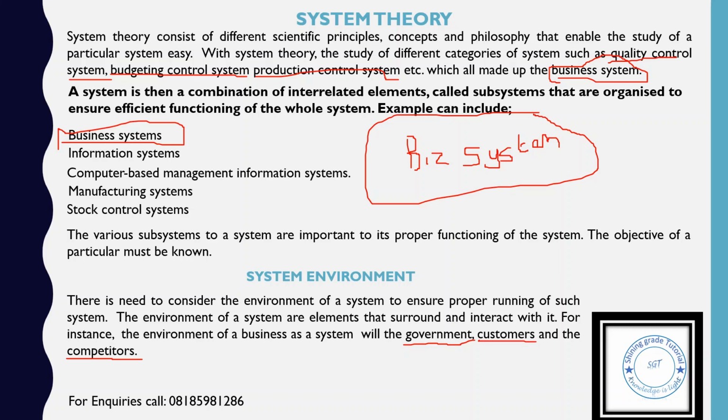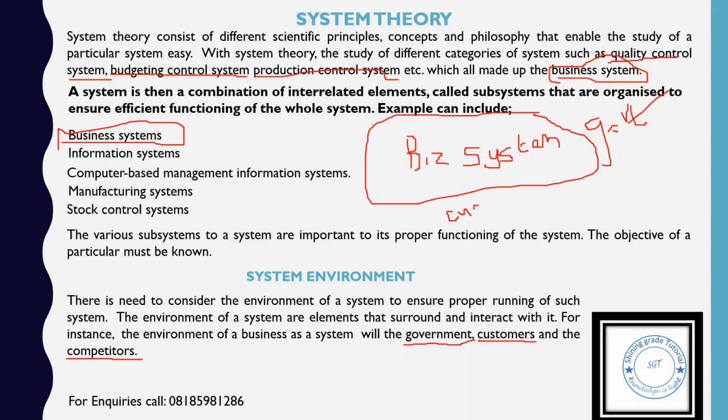Any element that is outside of it is the environment. So we can have government here. They interact with the business system. We can simply have customers.